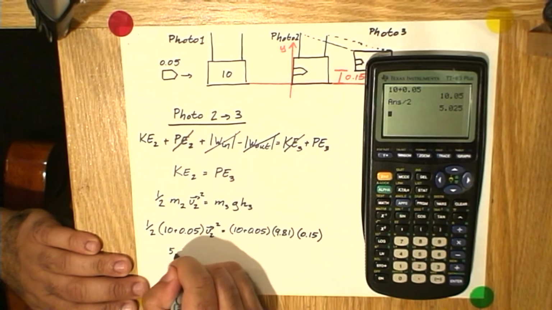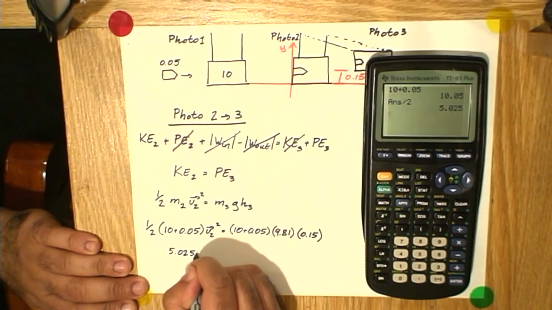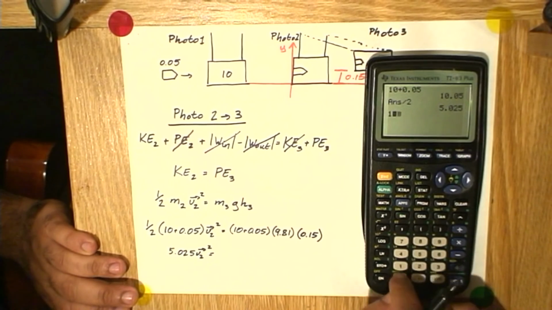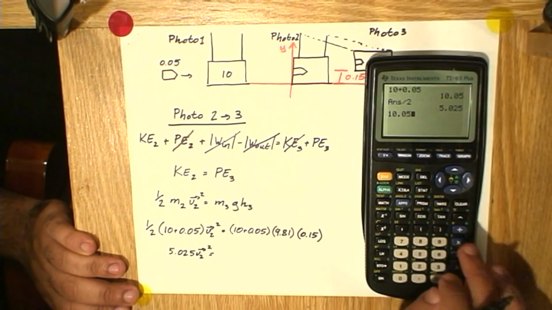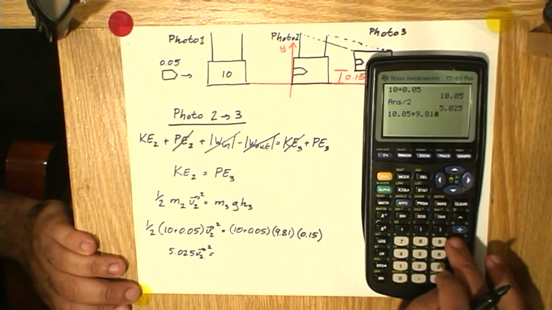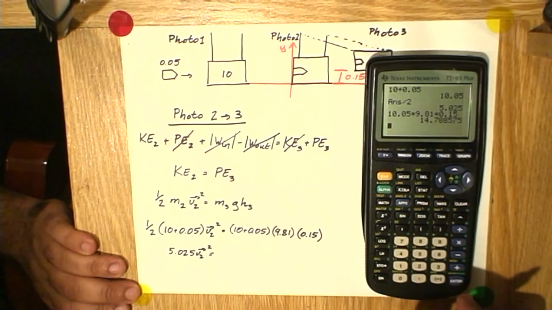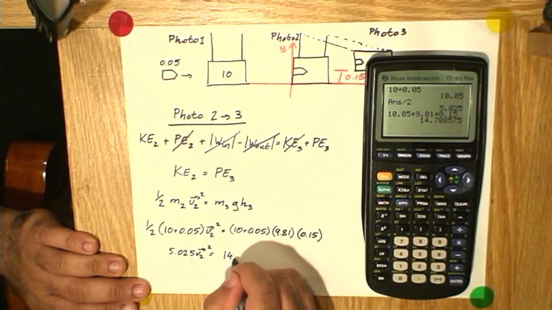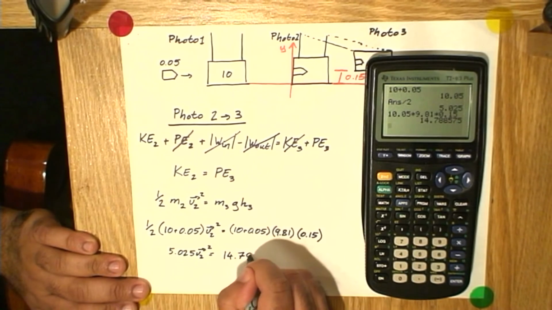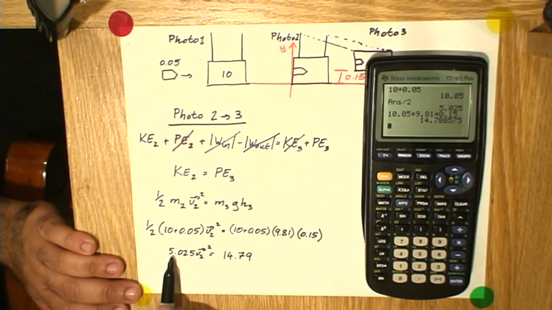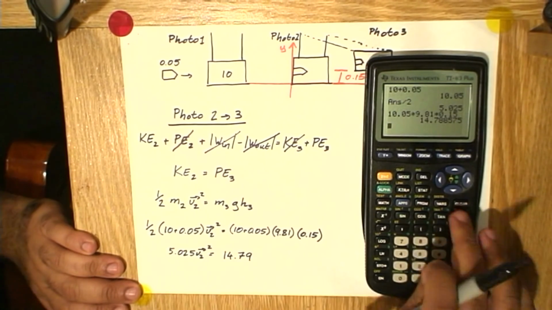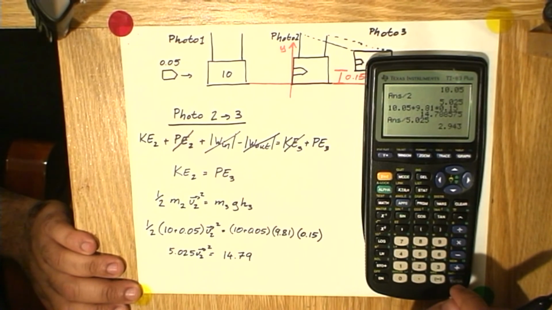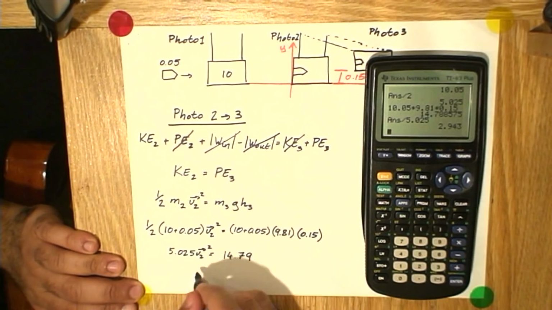So 5.025 times the velocity squared is equal to 10.05 times 9.81 times 0.15, which is 14.79. Now let's divide both sides by 5.025, which is 2.943.